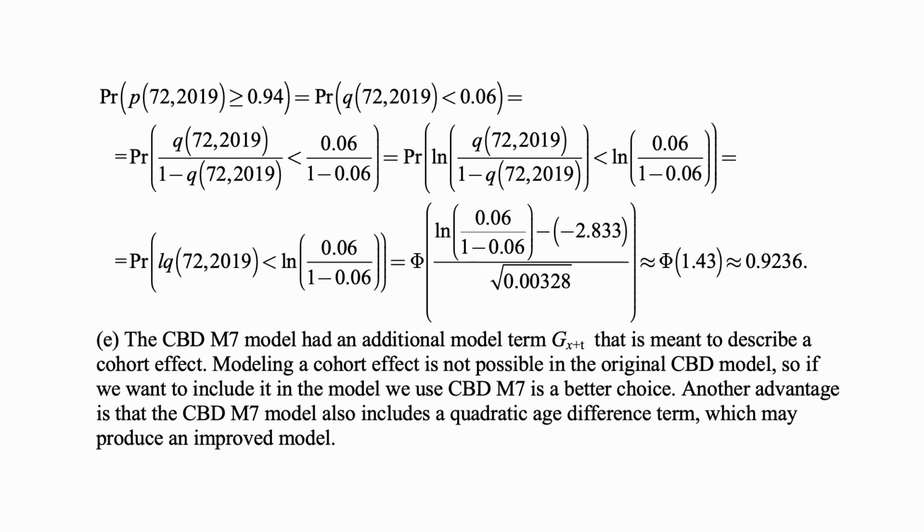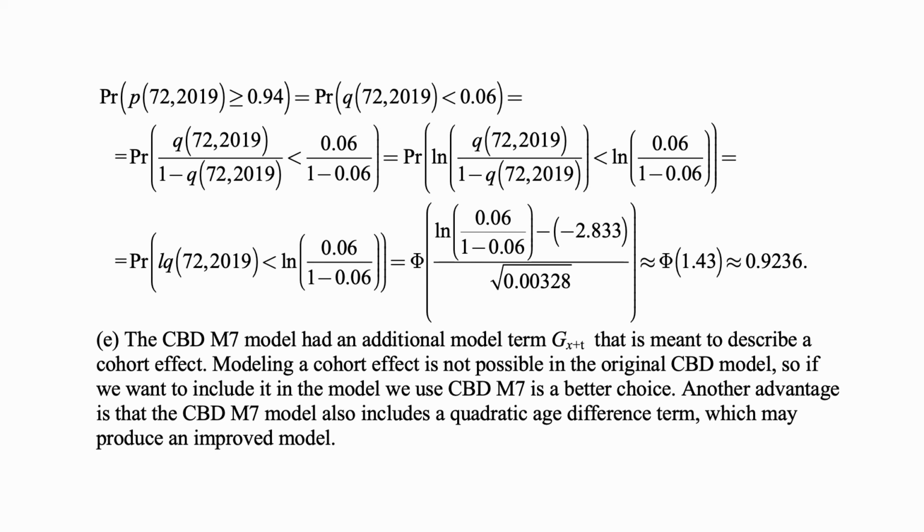That's the same as the probability that Q of 72 2019 over 1 minus Q of 72 2019 is less than 0.06 over 1 minus 0.06. That's the property of monotonicity of the logit function. That's equal to the probability that the natural logarithm of the left-hand side is less than or equal to the natural logarithm of the right-hand side.